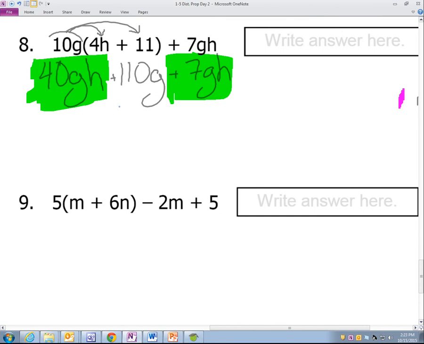So I have 47GH plus 110G. Because if I have 47 golden hats, I can't add them to 110 ghosts and have a new species of golden hat ghosts.